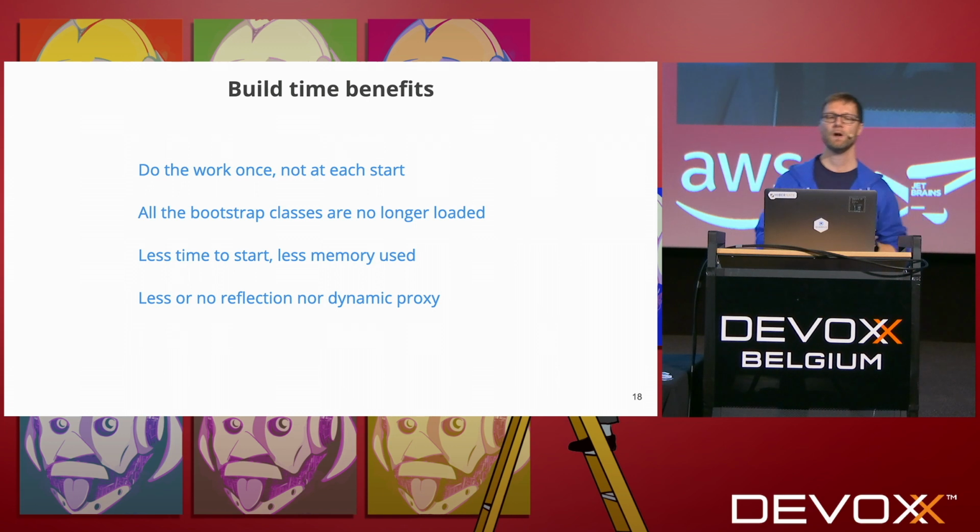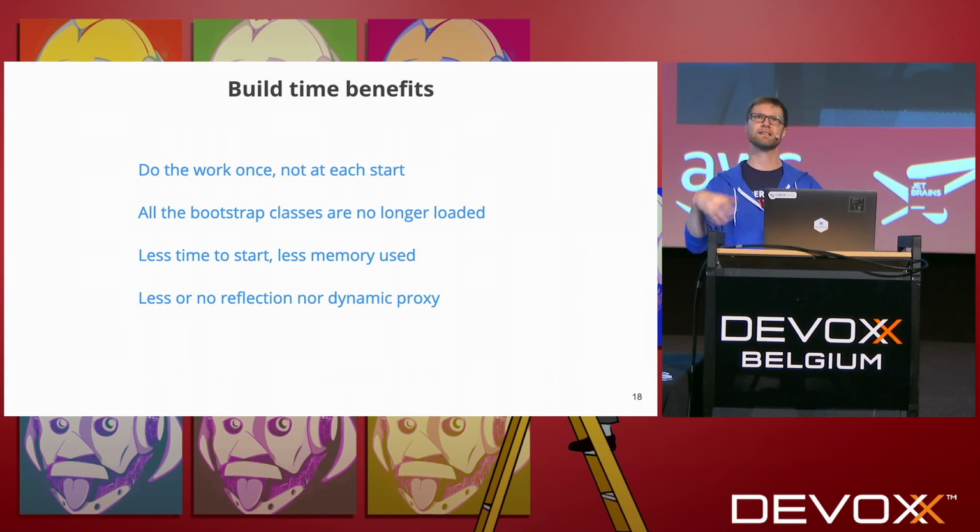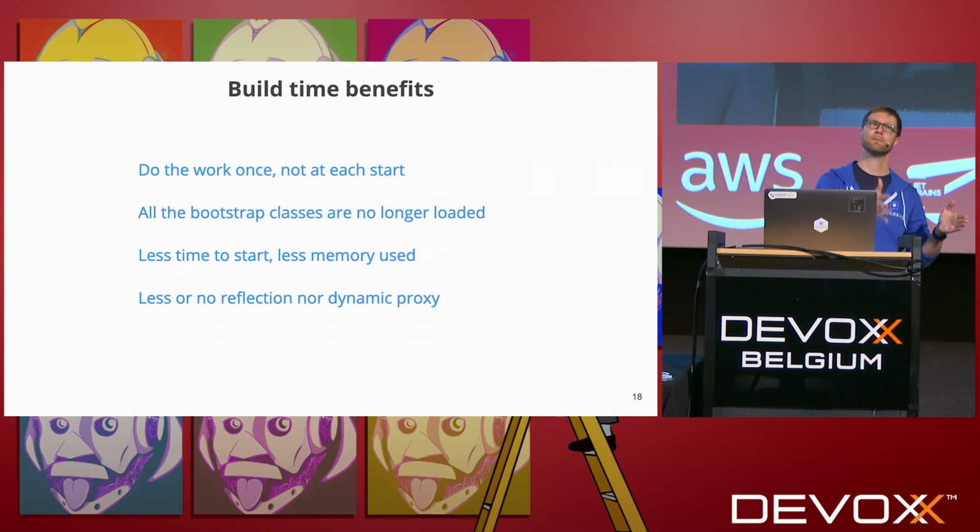More interestingly, because there is so much work that is done at startup time to scan the classes and all of that, it means that the bootstrap code is no longer needed because you've done it at build time. So at startup time, you have way less code that is actually loaded by the JVM. That's why you get the 2x memory performance as well as the startup time improvements.